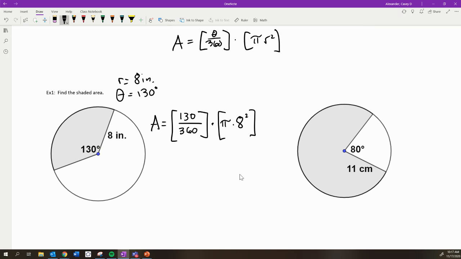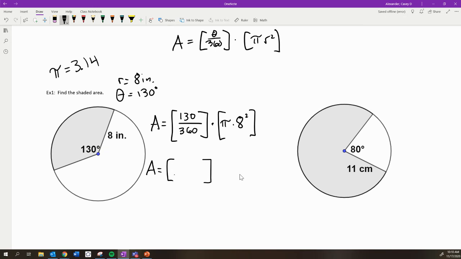And then from here, we could reduce this fraction and do some other stuff, but all I'm really interested in is getting to a decimal approximation. On our calculator, let's all agree to use 3.14 in place of pi. So you get your calculator and you would do 130 over 360.